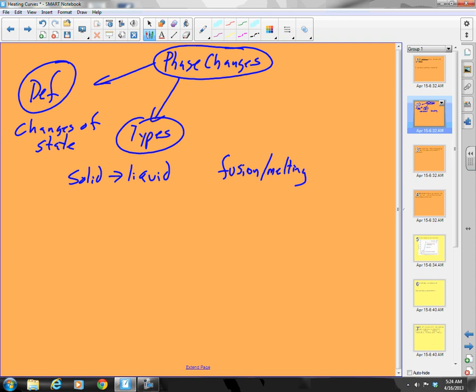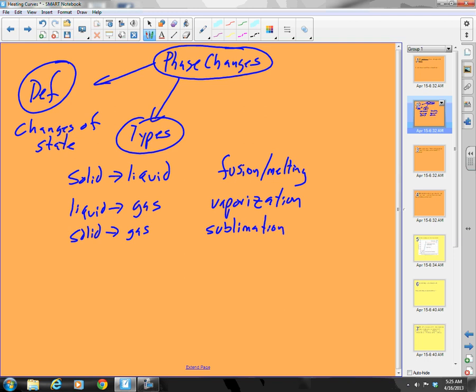Good. I can go from a liquid to a gas, and that would be vaporization. I could go from a solid to a gas. Now, we're not always too familiar with this. This is called sublimation.